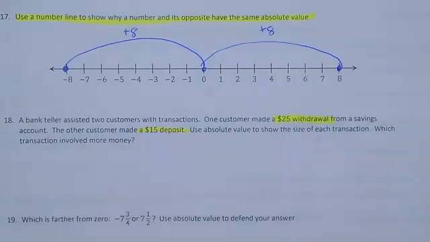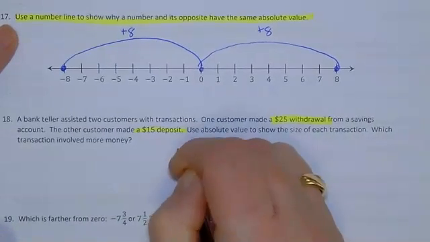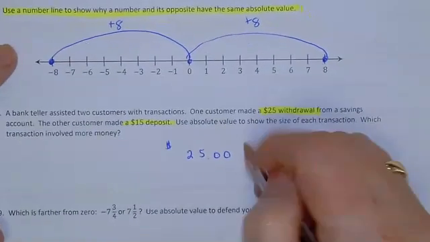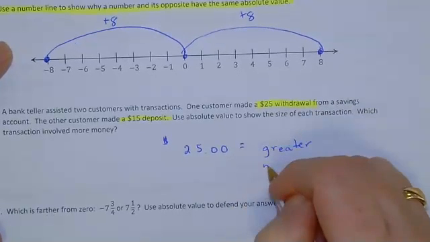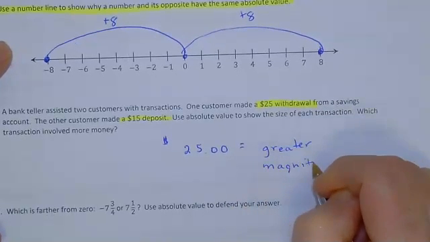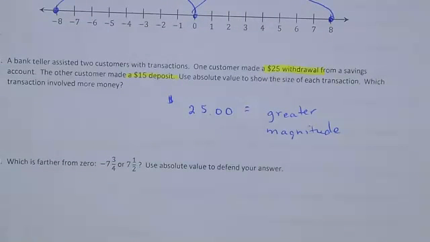Aiden, which one? Exactly right. The $25 withdrawal involved more money, which means it has a greater, what was that word we talked about? Magnitude. Yes. How does that work if you said that that's a negative?